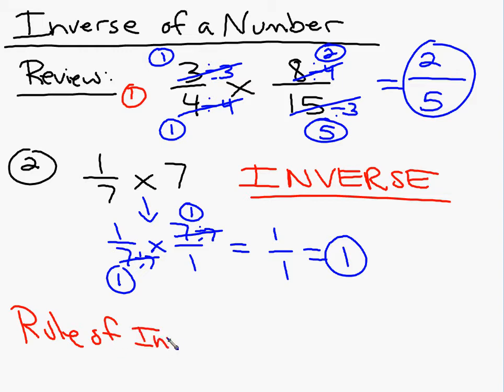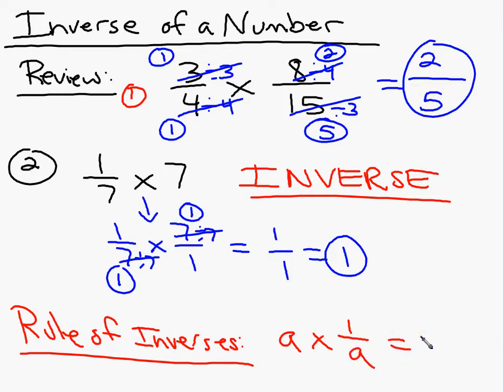Rule of inverses. The rule of inverses says that if I multiply A times 1 over A, I will always get 1. Always. If I multiply a number times 1 over that number, I will always get 1.